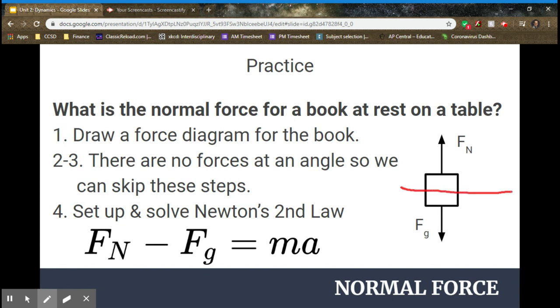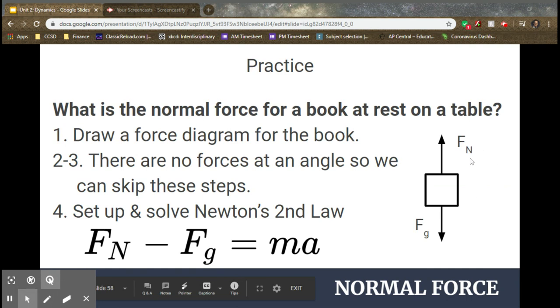If that's our table, that means that the book is resting on the surface of this table, so I need to go perpendicular to the surface, which would be straight up. So if you look at this force diagram, that's what we have. Normal force going straight up, because straight up in this case is perpendicular to the surface of the table. No forces are at an angle, so we can skip steps 2 and 3 and go straight to step 4. Set up Newton's second law and then solve for what we need to know.